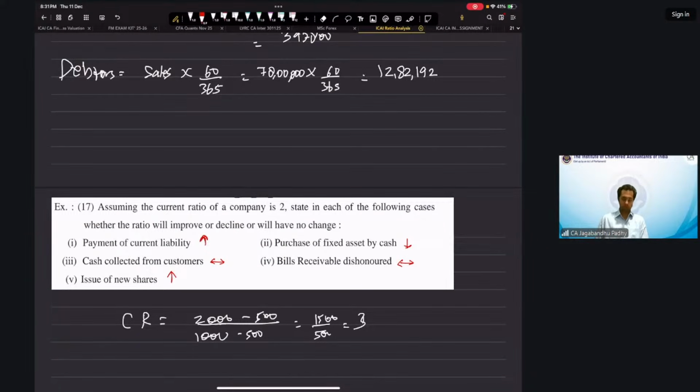Sir, can you please check page number 3.8, net working capital? The formula given is wrong there. So net working capital is current assets minus current liabilities, excluding the short-term bank borrowing.